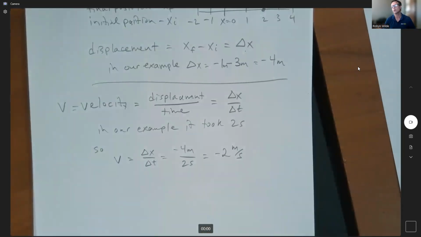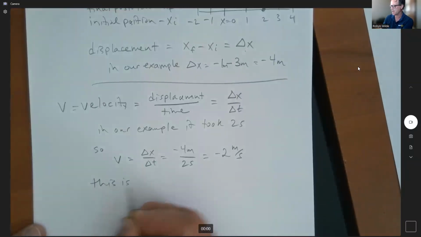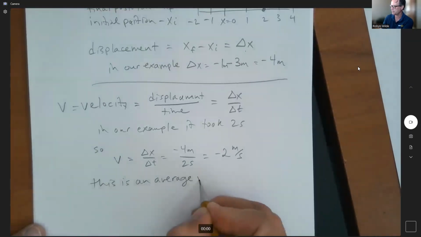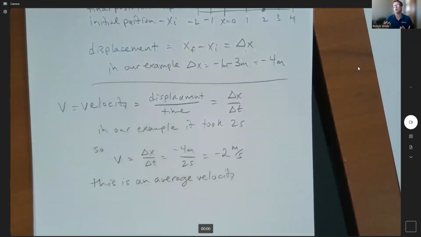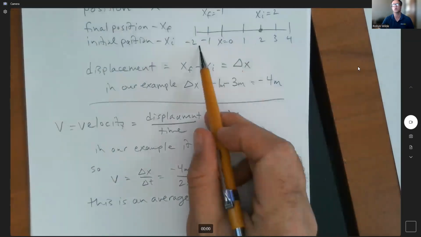Another important point to realize here is that this is what I would call an average velocity. So this is an average velocity. What do I mean by that? Well, there are multiple ways that I could go from this point to this point.